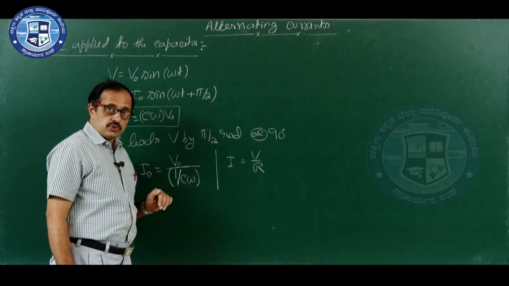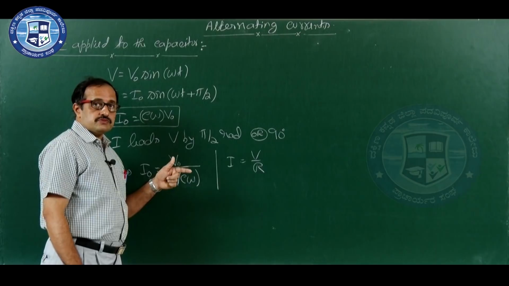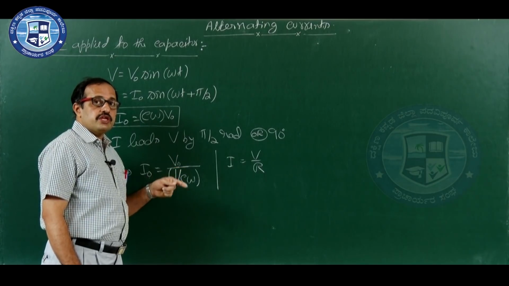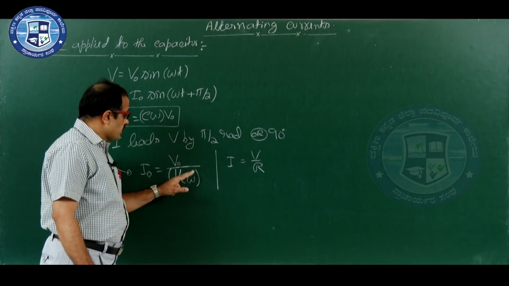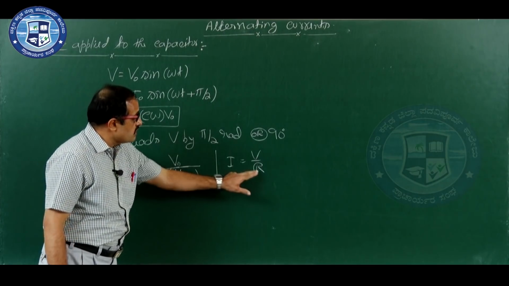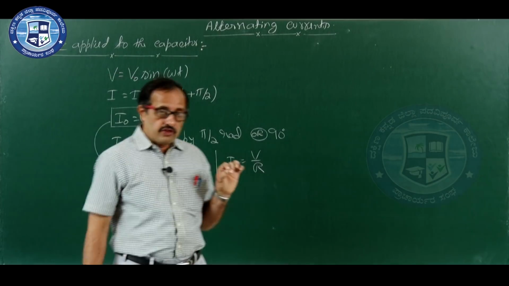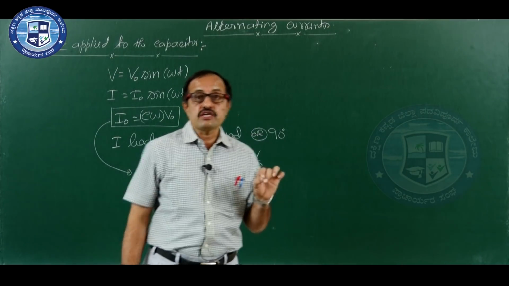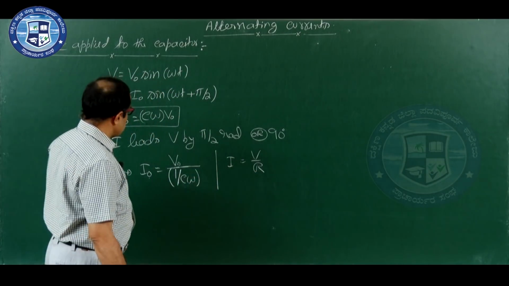Same problem here also. Capacitor opposes the flow of AC, but it never consumes any energy, it never produces any heating effect. Therefore, the term in the denominator is not resistance. Instead of that, we say it is reactance, reactance of capacitor or capacitive reactance.